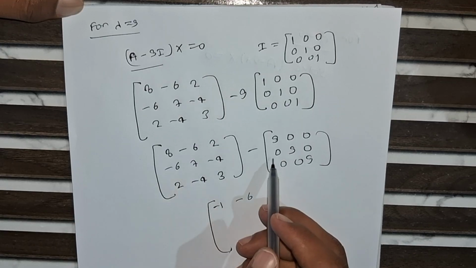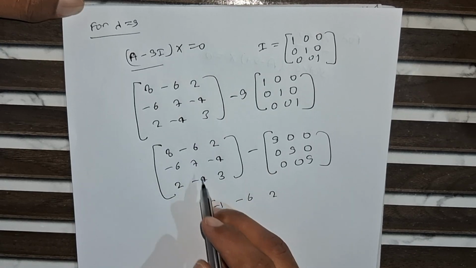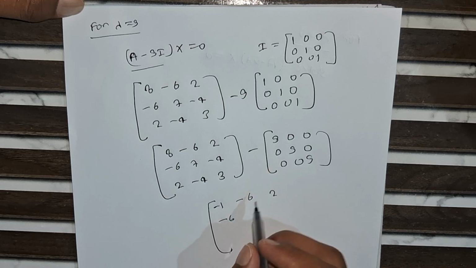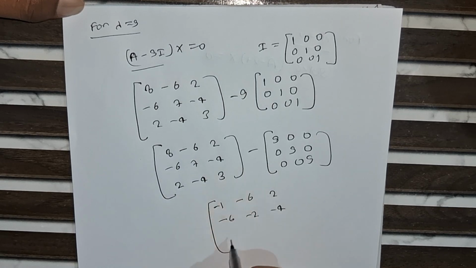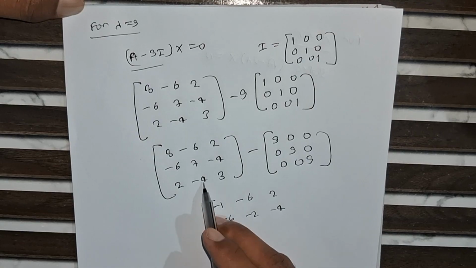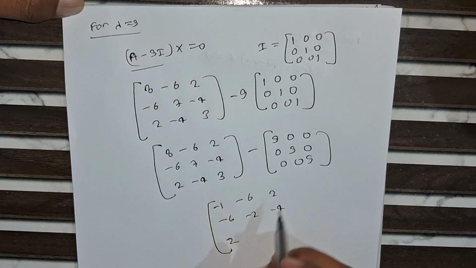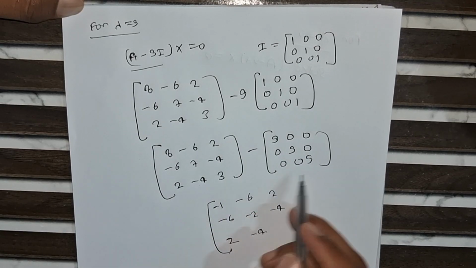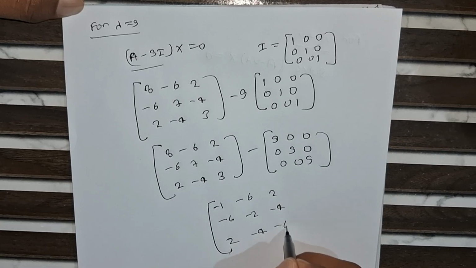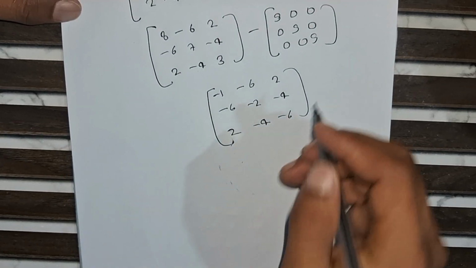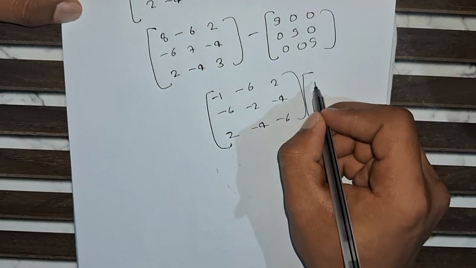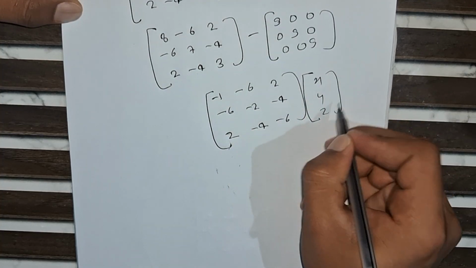Like that, minus 6 minus 0, which is minus 6, and 7 minus 9, which equals minus 2, and minus 4 as it is. Like that, 2 minus 0 is 2, minus 4 minus 0 equals minus 4, and 3 minus 9 equals minus 6. Then multiply with our eigenvector x, y, z, which equals 0.